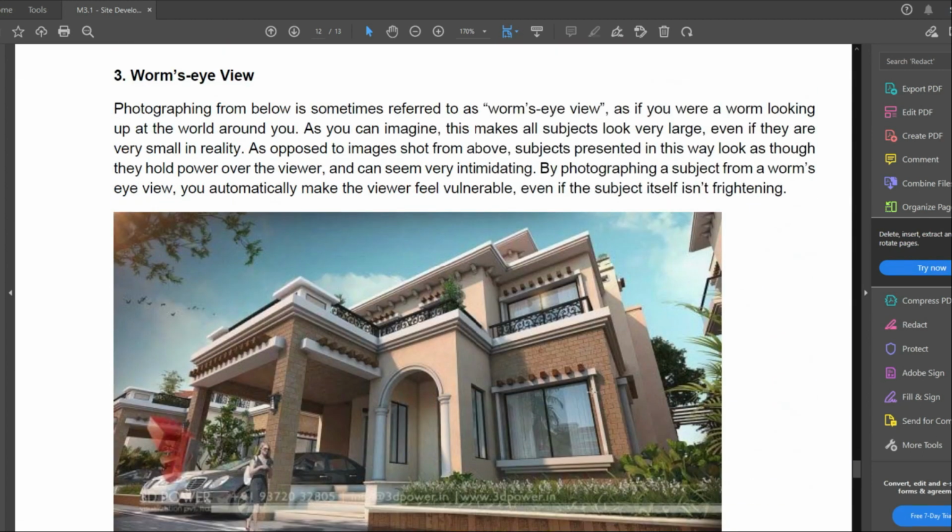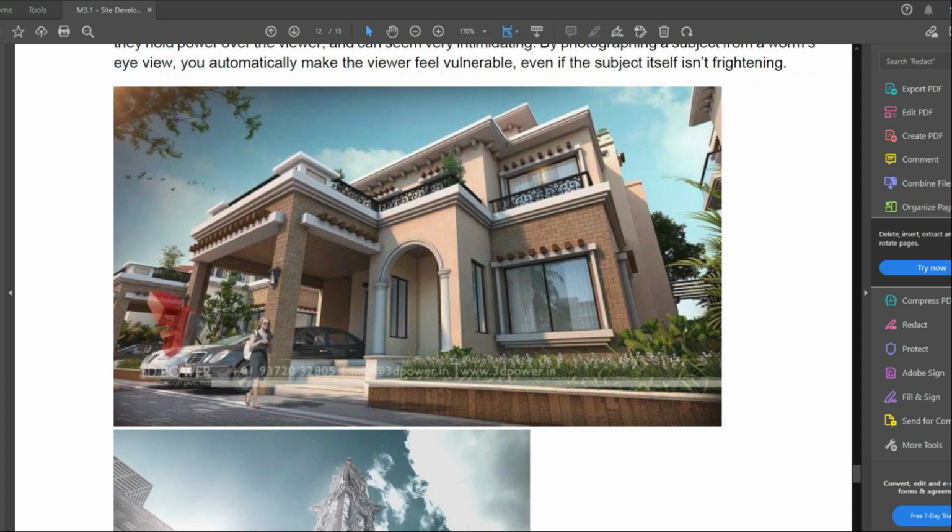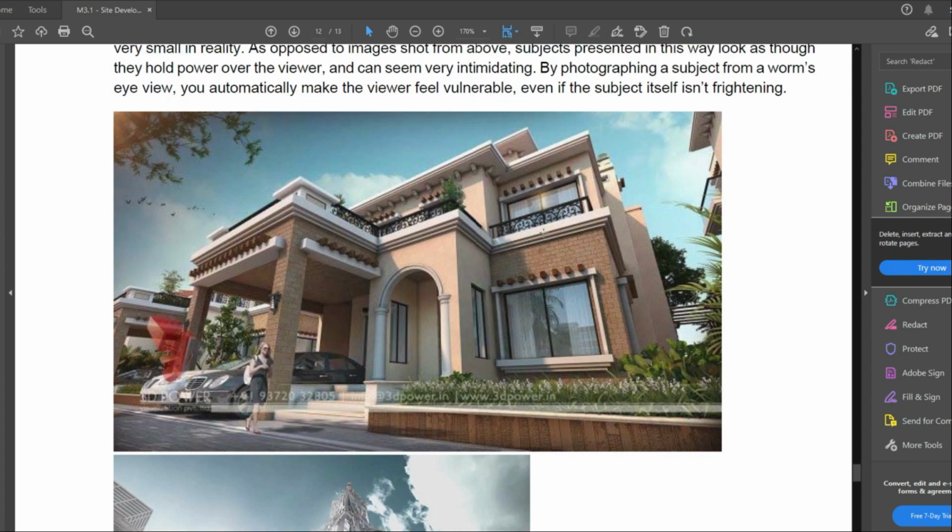Then the third is the worm's eye view. So photographing from below is sometimes referred to as worm's eye view, as if you were a worm looking up at the world around you. So as you can notice, naga-distort ang lines naton. As if while naga-photograph ka sang perspective ara ka sa field of vision sang isa ka worm.